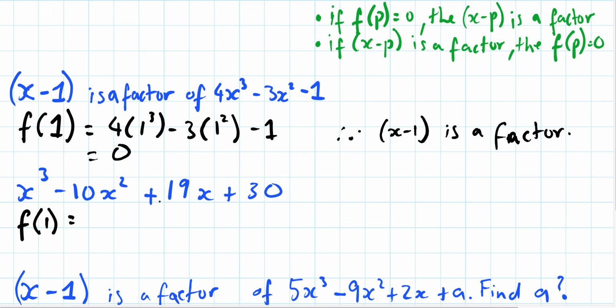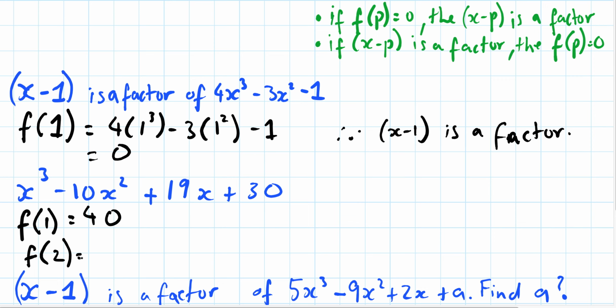If I substitute 1 in, 1 minus 10, add 19, plus 30, that equals 40. So x minus 1 is not a factor. And you might have to try negative numbers as well, like minus 2 or minus 1 or whatever. But let's try f(2).